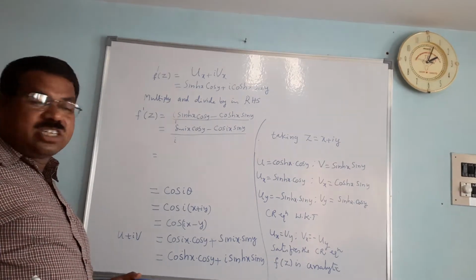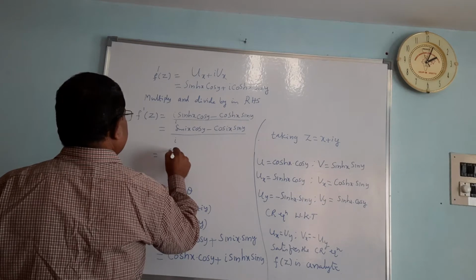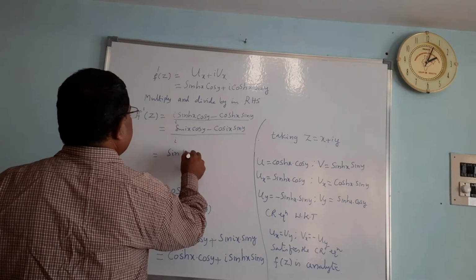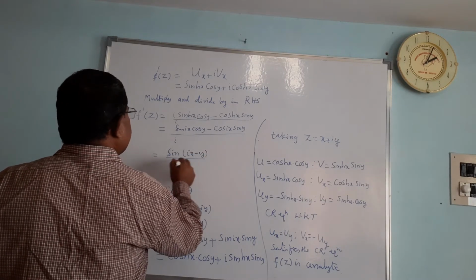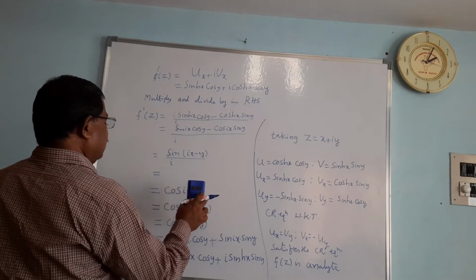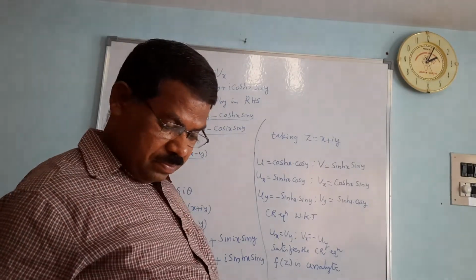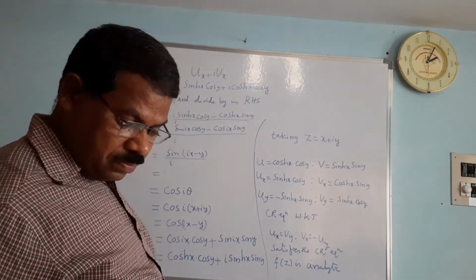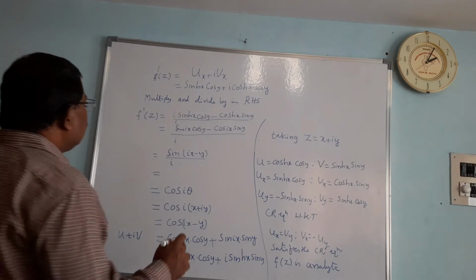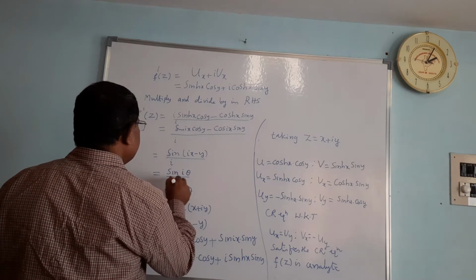Sin A cos B minus cos A sin B is sin of A minus B, divided by i, sin of i theta by i.